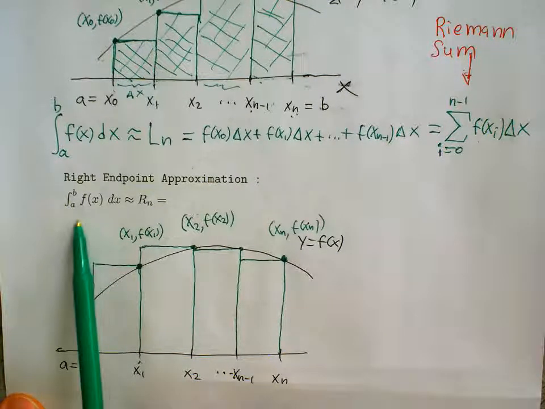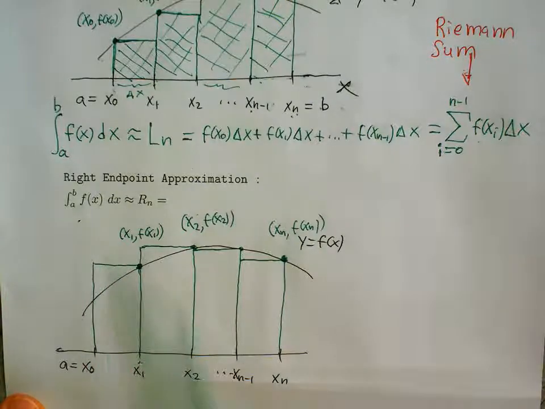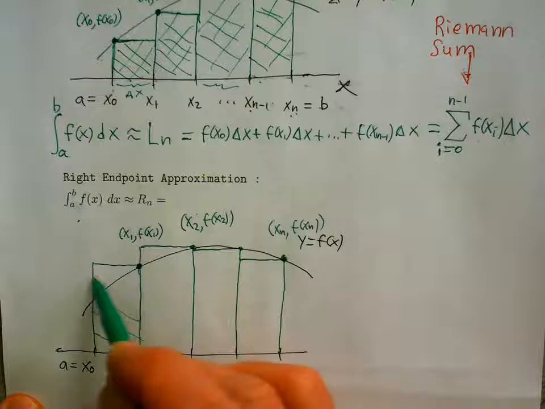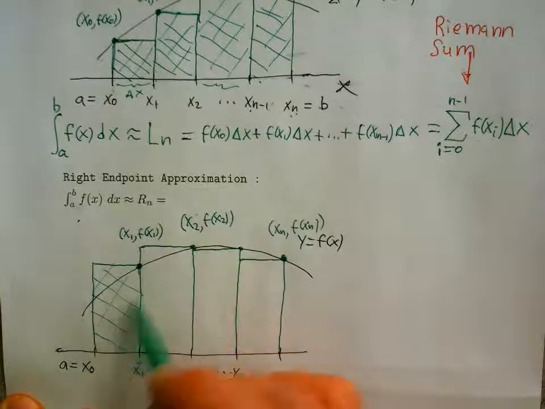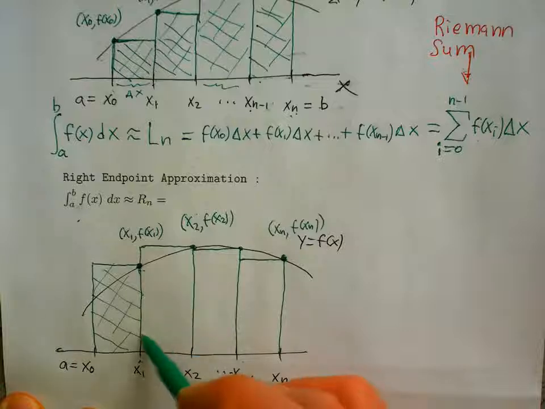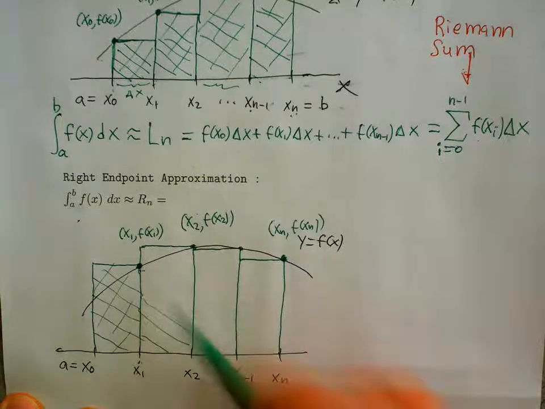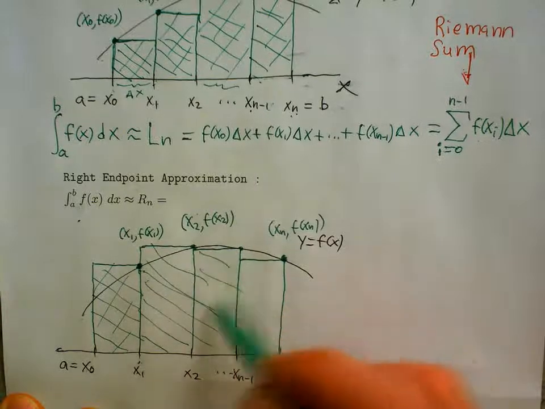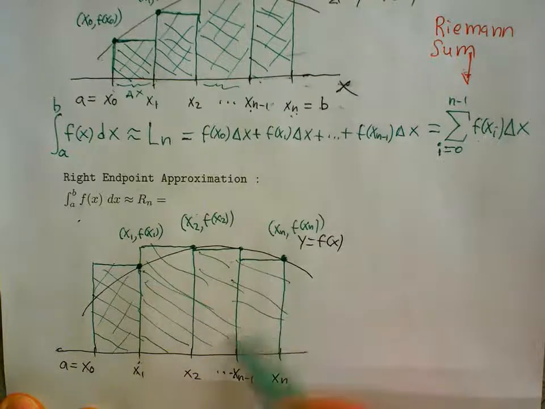And then the right endpoint approximation of the definite integral is the sum of those rectangles whose heights are determined by the right endpoints of the subintervals. So we're finding the area, I'm shading in the area.